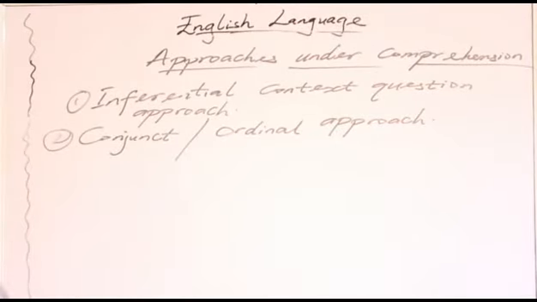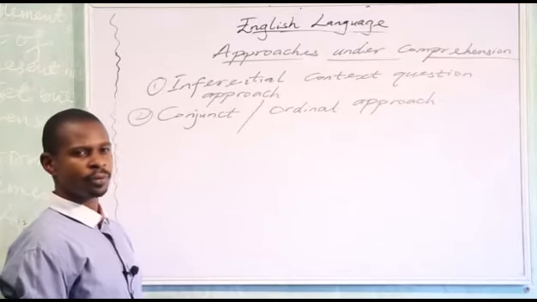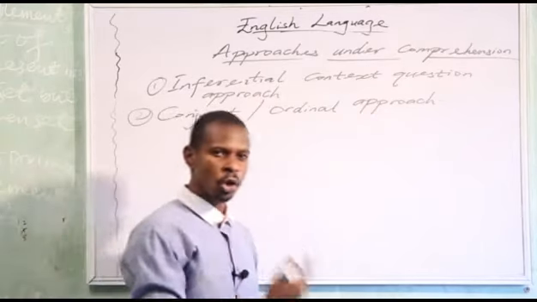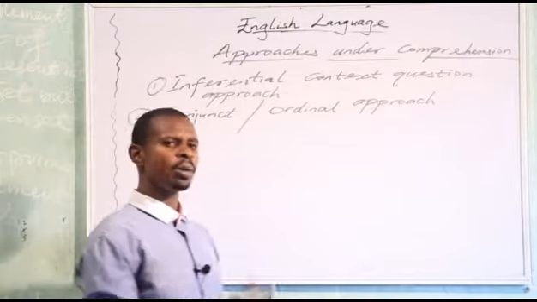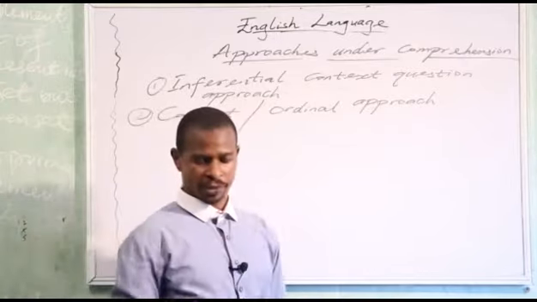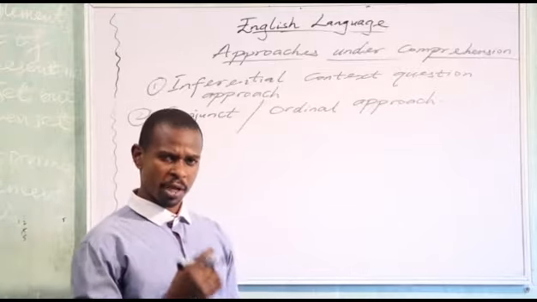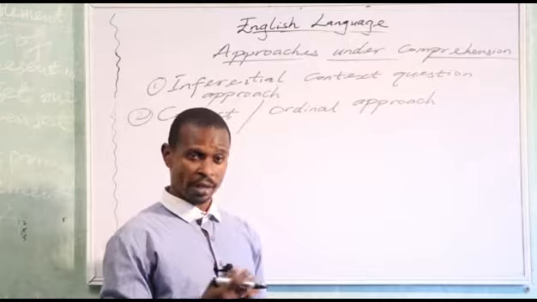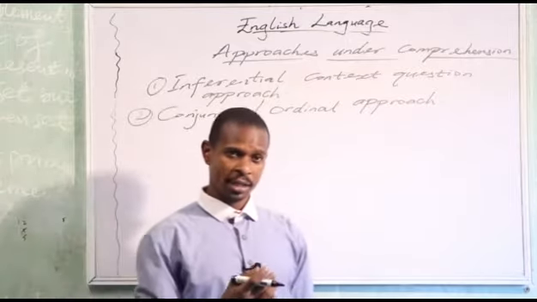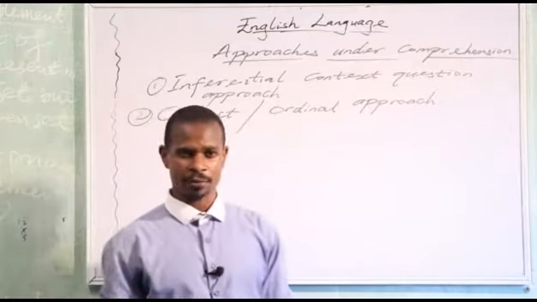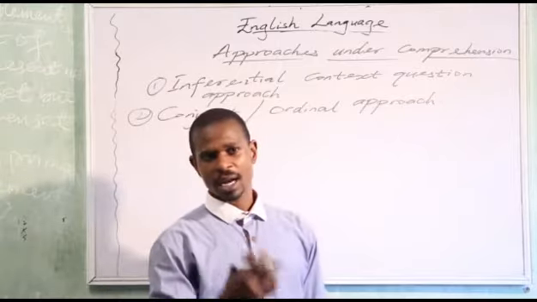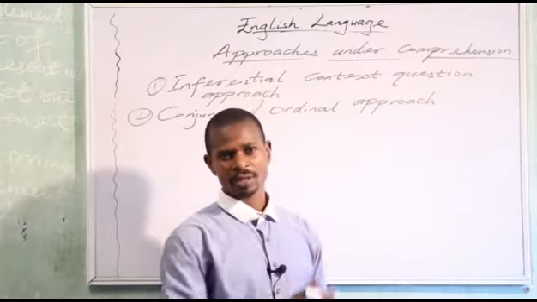If we're talking about conjuncts, these are words which we use to conjoin words together. For example, we have in addition, although, furthermore. There's a way we make use of these conjuncts. A good student must be able to know how to make use of the conjuncts, most especially when he or she is trying to express himself or herself when being asked a particular question related to a passage given.